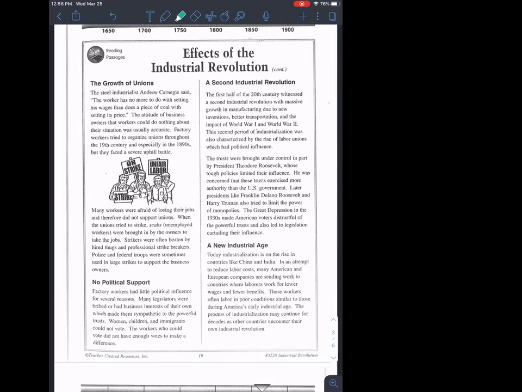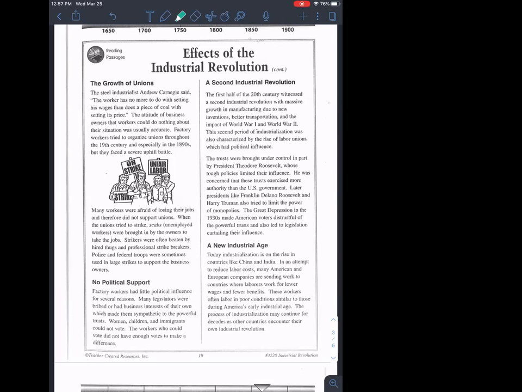Many workers were afraid of losing their jobs and therefore did not support unions. When the unions tried to strike, scabs, or unemployed workers, were brought in by the owners to take the jobs. Strikers were often beaten by hired thugs and professional strike breakers. Police and federal troops were sometimes used in large strikes to support the business owners.